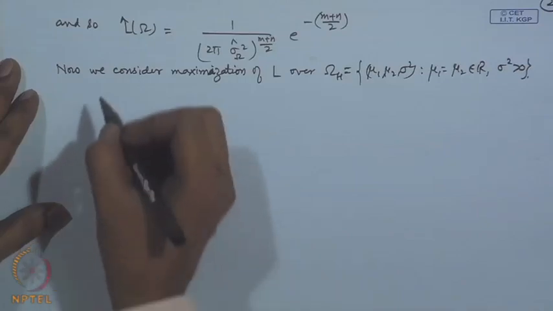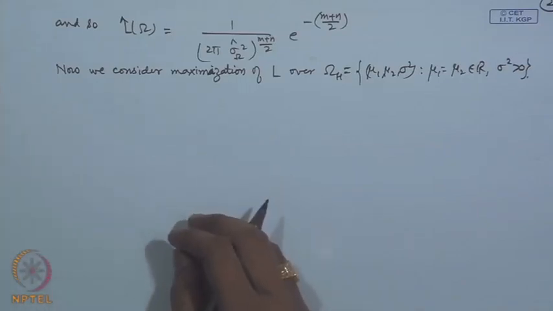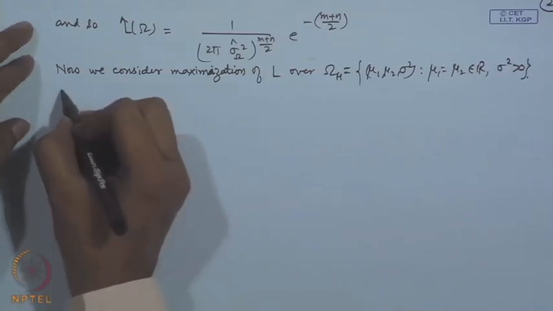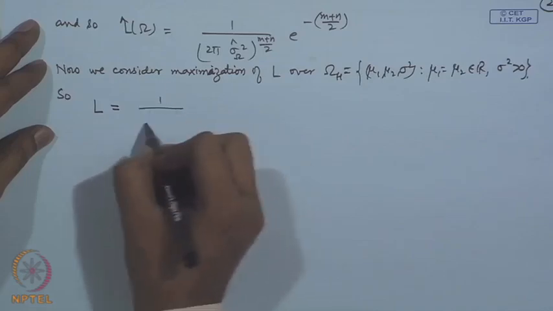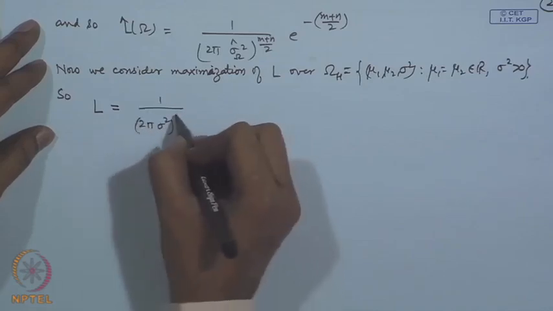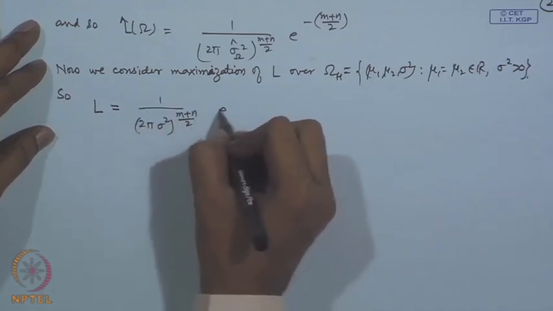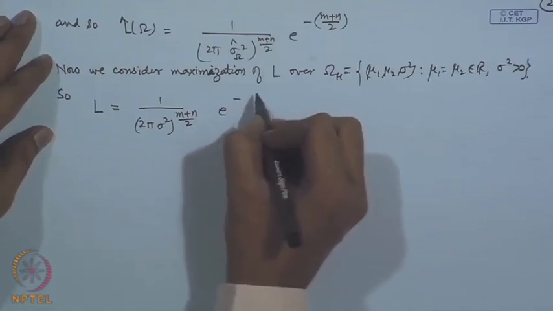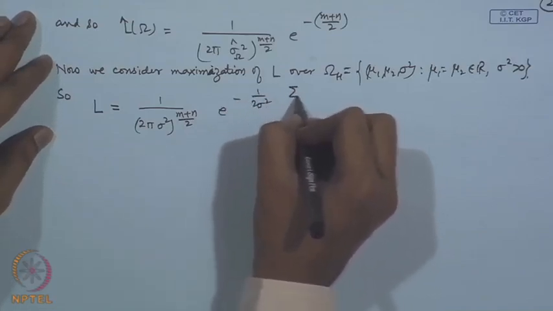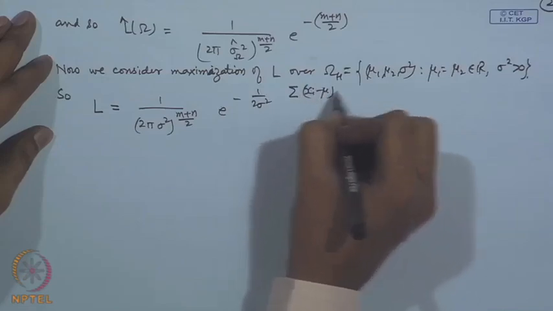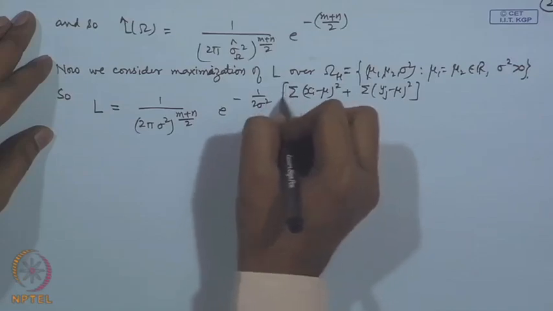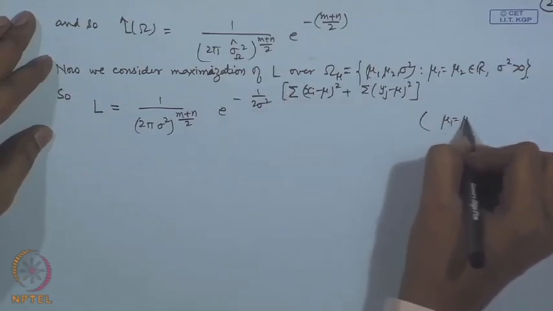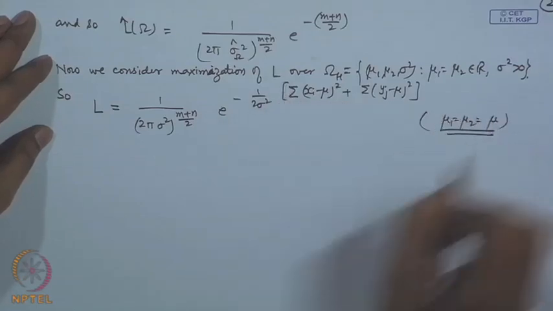So, now let us write down the likelihood function in the modified form, because here now mu 1 is equal to mu 2. So, L is now 1 by 2 pi sigma square to the power m plus n by 2, e to the power minus 1 by 2 sigma square, sigma x i minus mu whole square plus sigma y j minus mu whole square. That means, I have taken here mu 1 is equal to mu 2 is equal to mu.